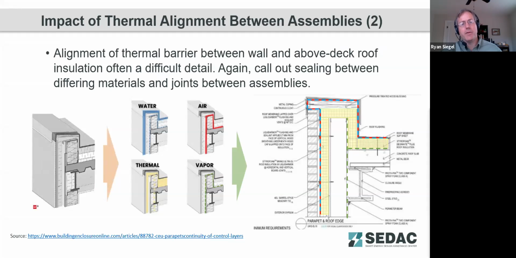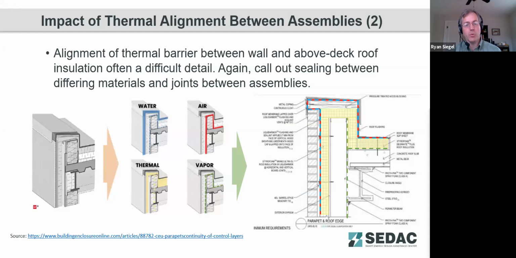So there are four types of barriers that we need to consider as part of the thermal envelope. Our water barrier for bulk moisture, air barrier, our thermal barrier, and then a vapor barrier. And so we can see how that on the right kind of works together, where the air barrier and water barrier may be the same material, and it could even potentially be your vapor barrier.